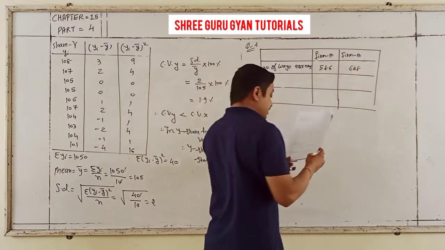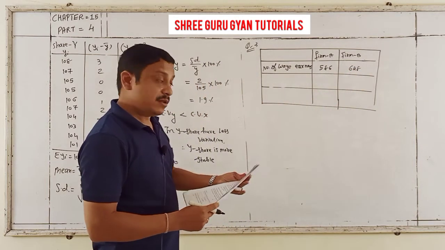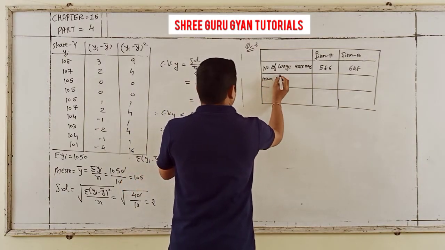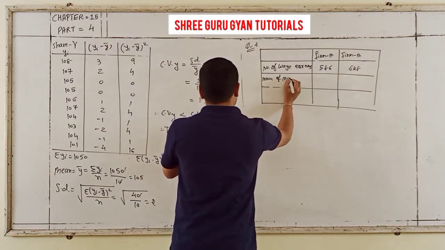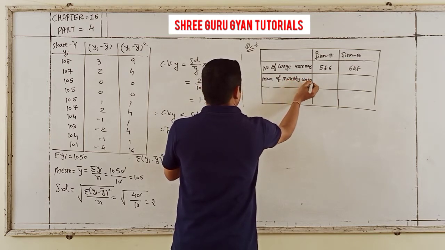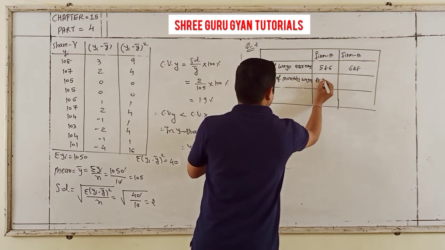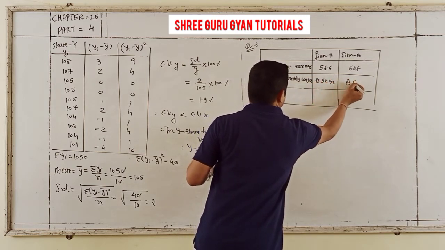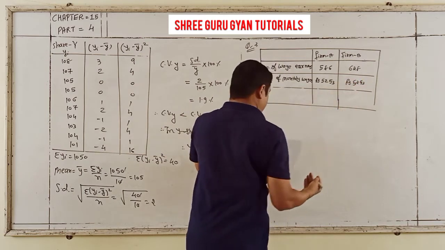Second, the mean of monthly wages is 5253 rupees, and here also 5253 rupees.